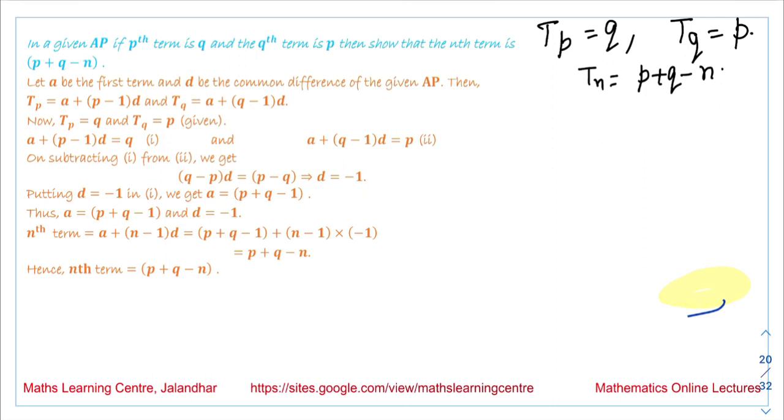So from this what we are getting is that a plus (p minus 1)d is equal to q. From this we are getting a plus (q minus 1)d is equal to p.